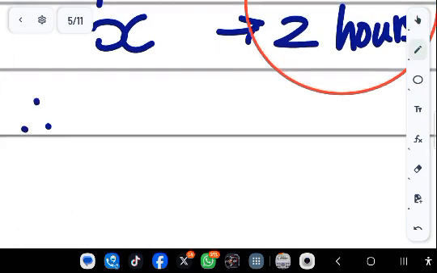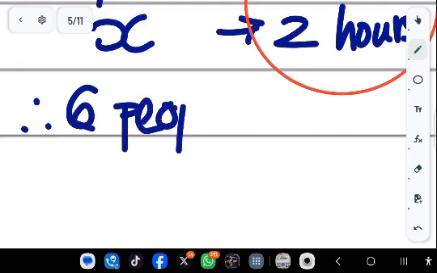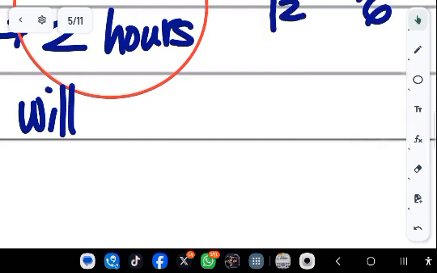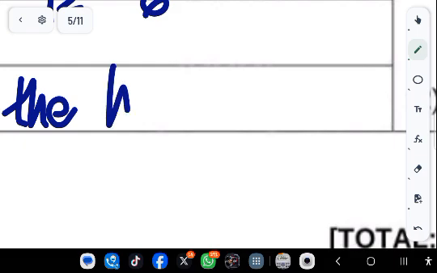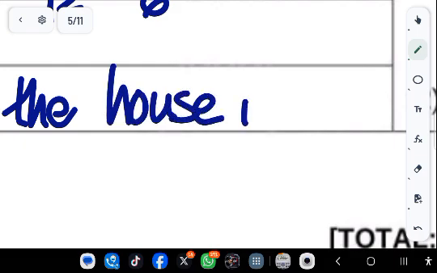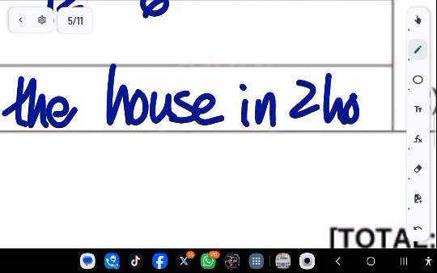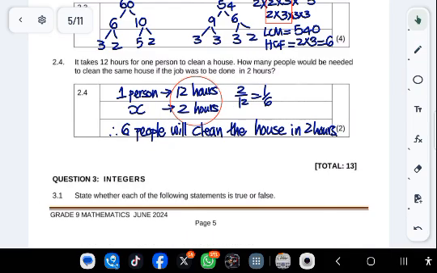Therefore 6 people will clean the house in 2 hours. That's how.